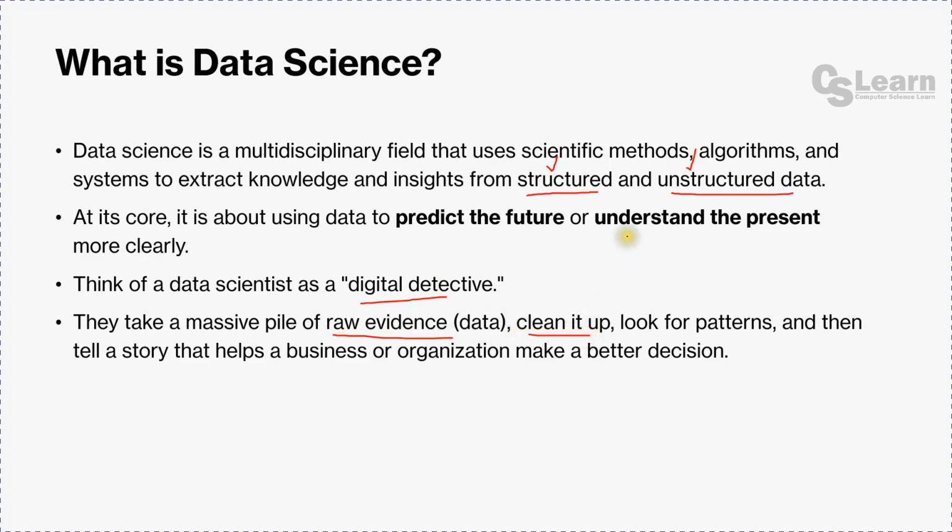I told you that unstructured data mostly has unrelated information, so we need to clean the unrelated information from the data. Corrupted and duplicate information is also available, so we need to clean it up and look for patterns, and then tell a short story that helps a business or organization make a better decision.